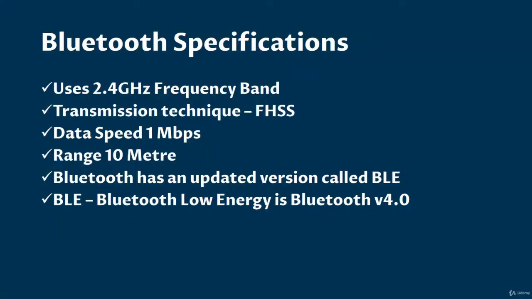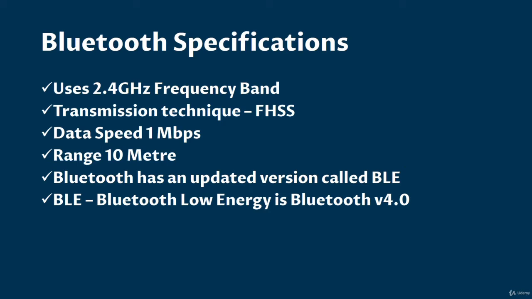The timing of communicating in a channel is synchronized at the start. The benefits of using this technique are data speed and quality. As the communication is not happening for a long time in a single channel, it's very unlikely to catch noise. The data speed is 1 Mbps for classic Bluetooth 2.0. The range of communication is around 10 meters.